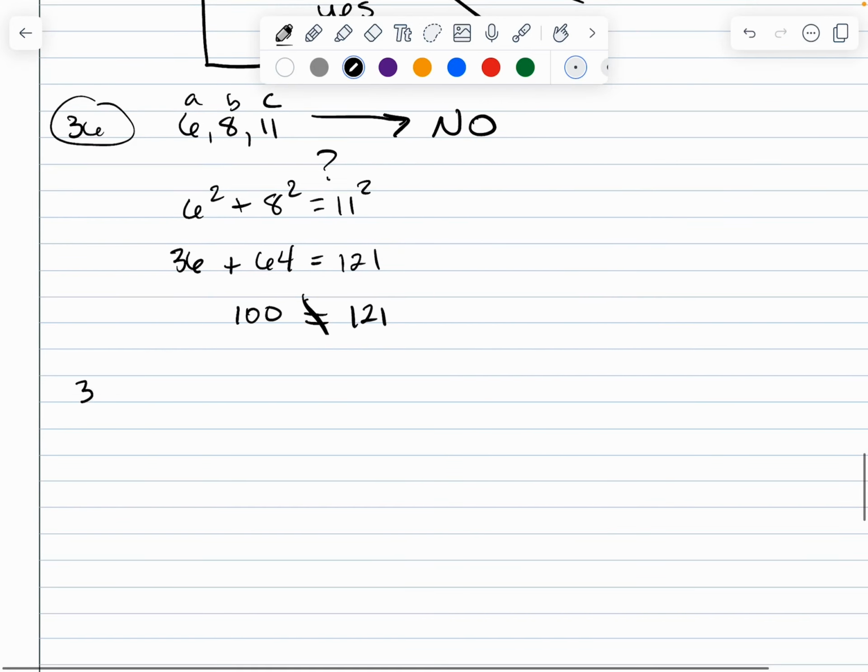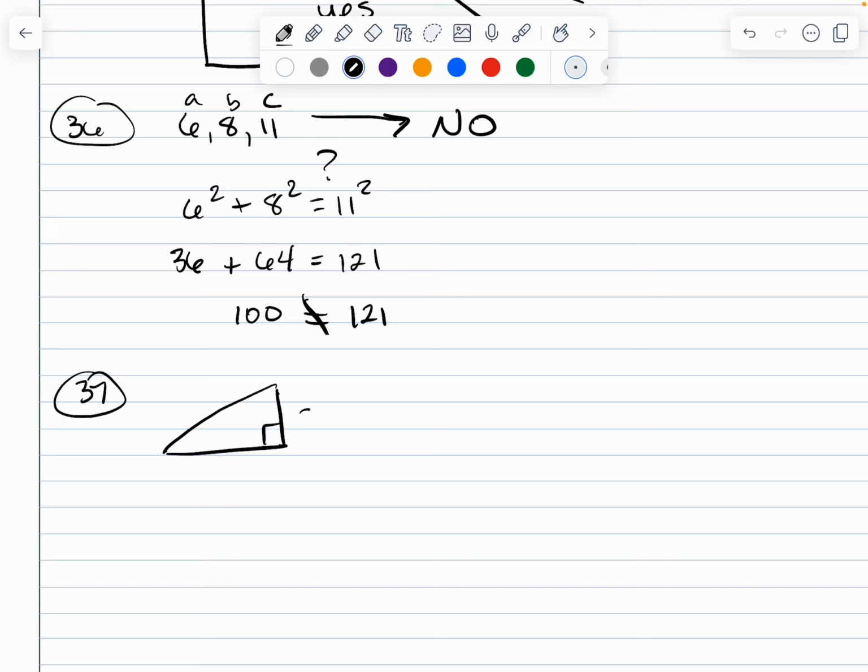Okay, 37. Find the missing side using the Pythagorean theorem. Okay, one side is 3. That's A. This is B. This is C. So we have 3 squared plus x squared equals 5 squared.